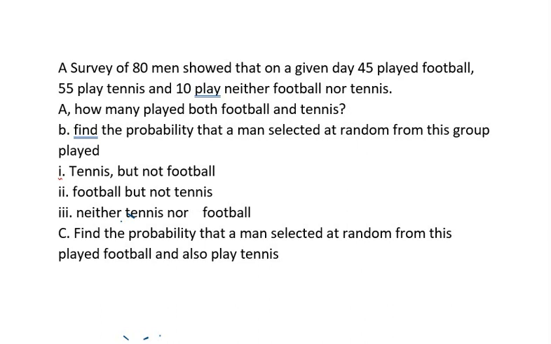Okay, tennis but not football, and also football but not tennis, and also neither tennis nor football. And the last one says that find the probability that a man selected at random from this play football and also play tennis. Now this is a very simple Venn diagram question, and I want you to join me.